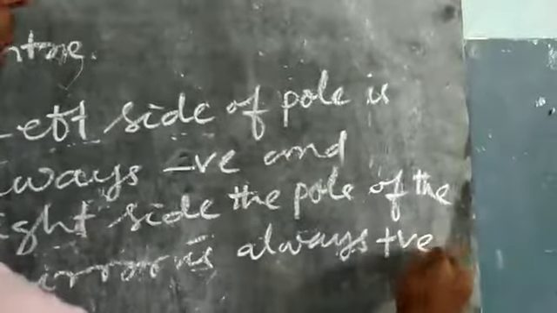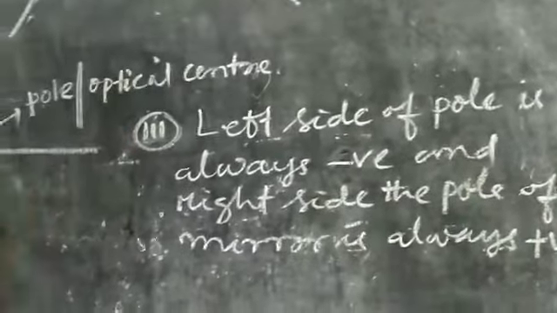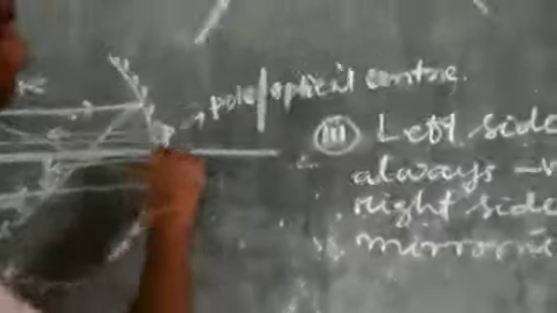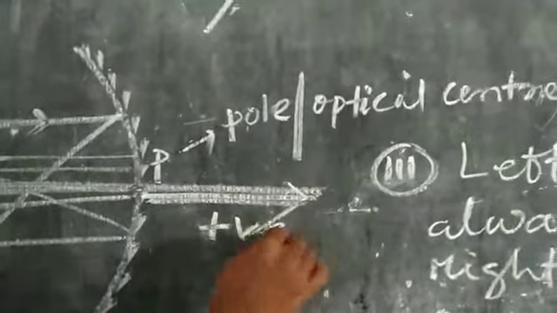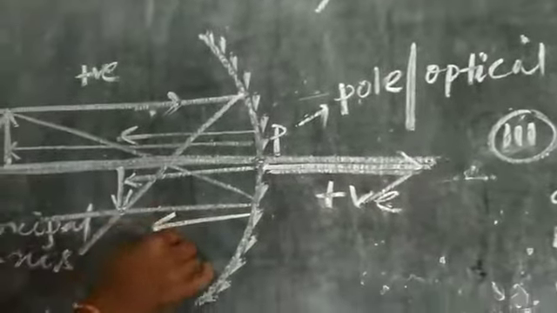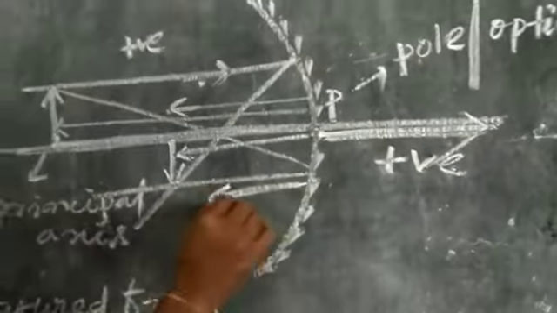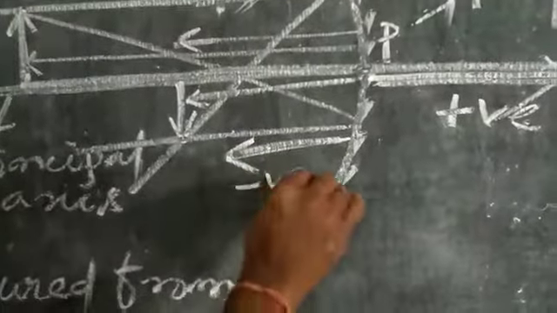So distances measured to the right of the pole are positive, and distances measured to the left of the pole are negative. This is the third rule.